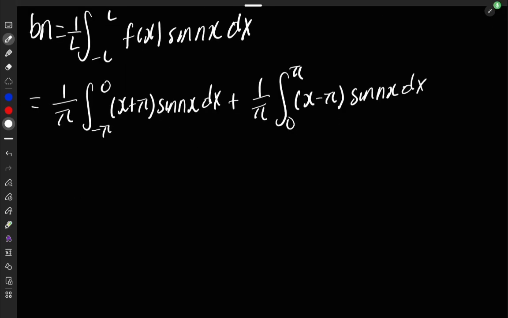In this one we are going to try to find bn, and we're just going to go straight because this is integration.